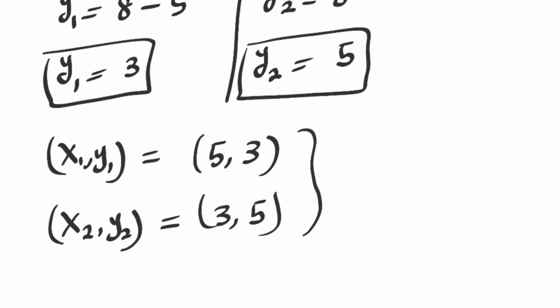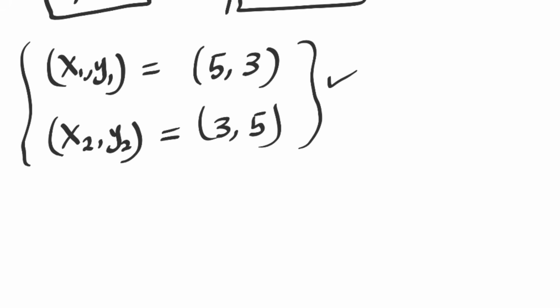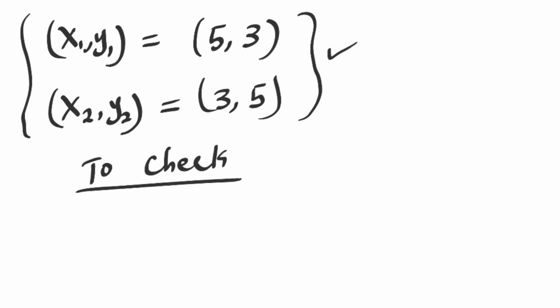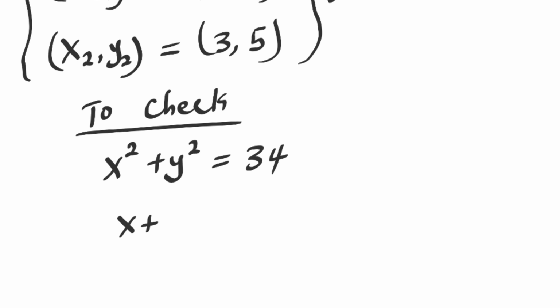These are the corresponding values of x and y. We may check to confirm if this answer is right or wrong. Let's check. To check, we have the given equations. x squared plus y squared is equal to 34. And x plus y is equal to 8.